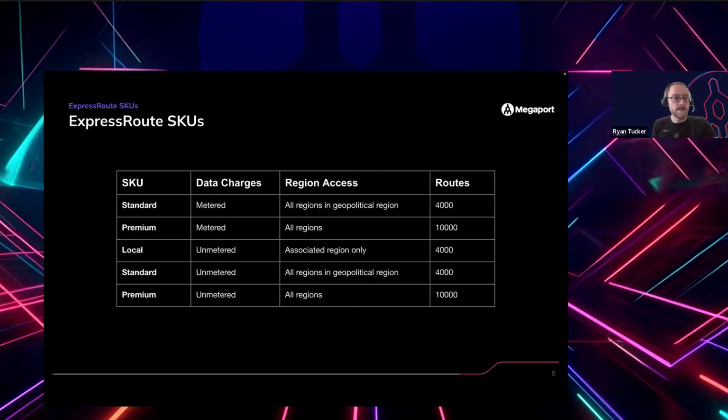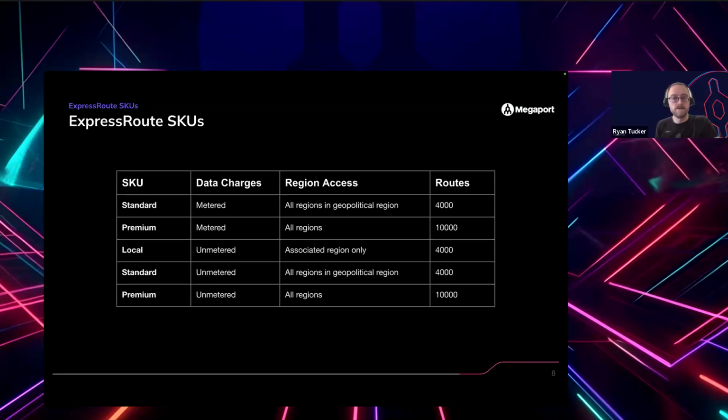Standard and premium work the same way I described earlier, but you can choose to have them unmetered, in which case you don't pay anything per gig for egress data. The caveat to that is the hourly cost for the service is much higher if you choose to not pay per gig for usage. So it's really just a matter of which one fits best. Do you need access to just the local region, or all regions in the geopolitical region, or all regions globally?